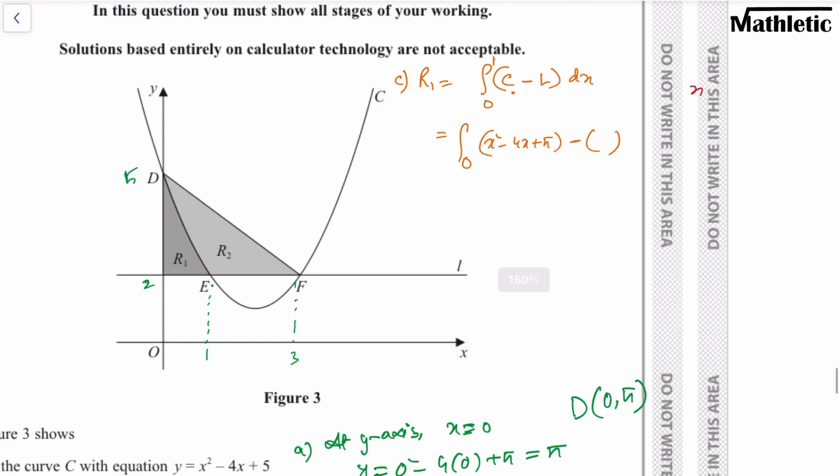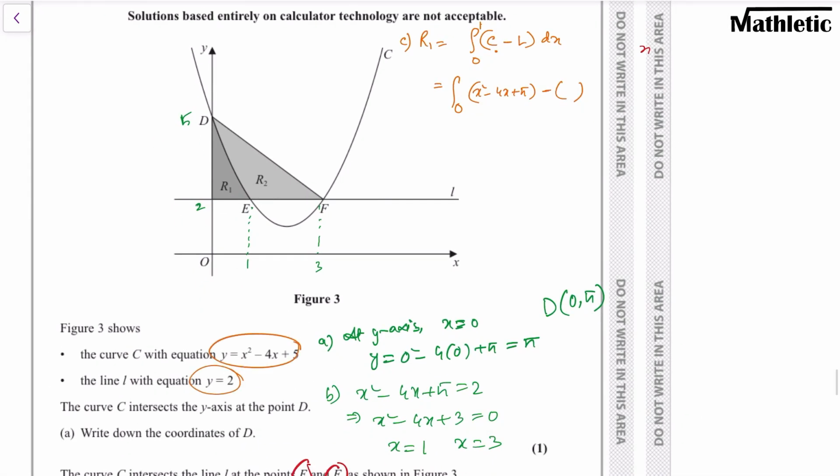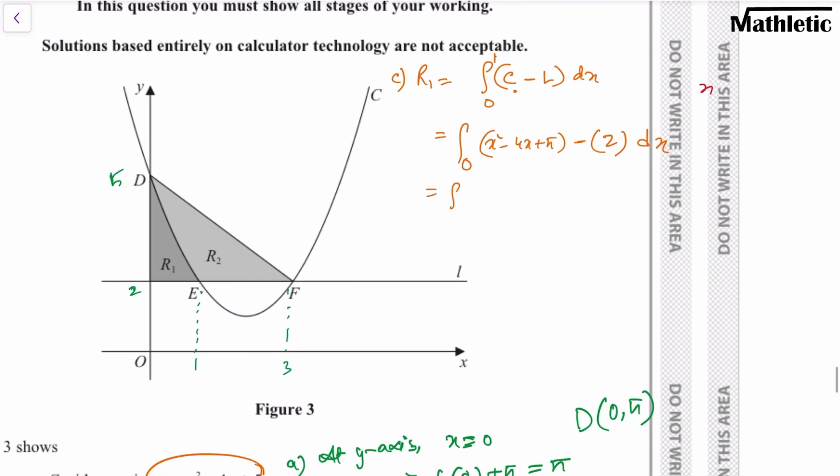Equation of the line is 2. So I will simplify this: integral from 0 to 1 of x square minus 4x plus 5 minus 2 dx, so x square minus 4x plus 3.